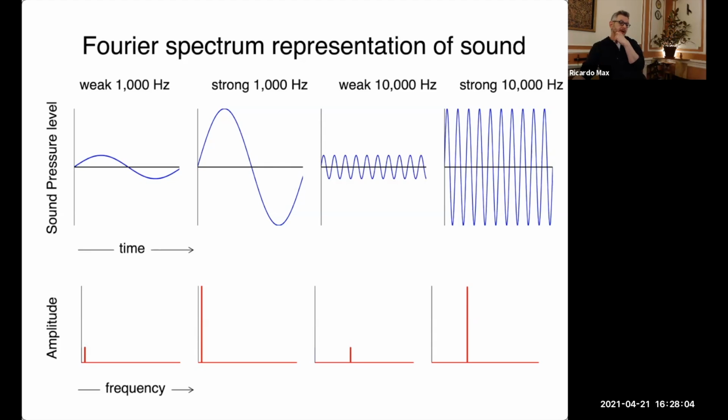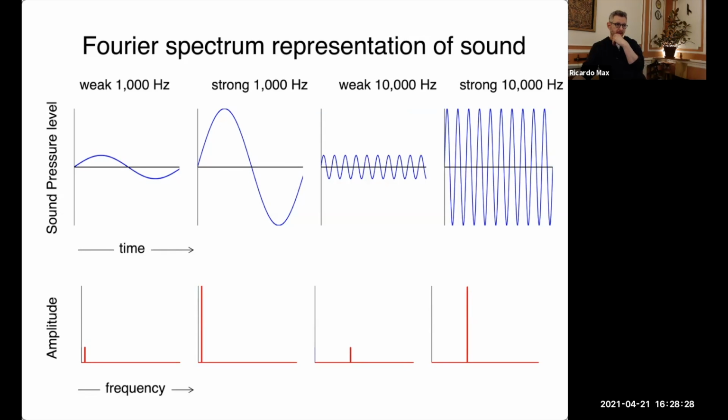So tell me something, how long is this period of time? Anyone? It's not written here. It's the same like here, the same like here, and the same like here. How long is this?